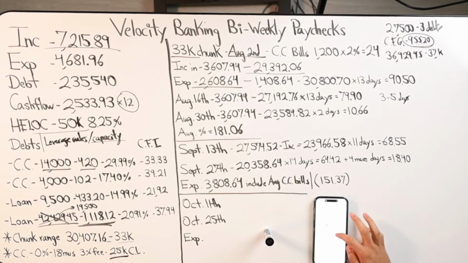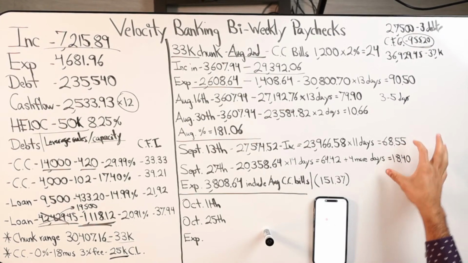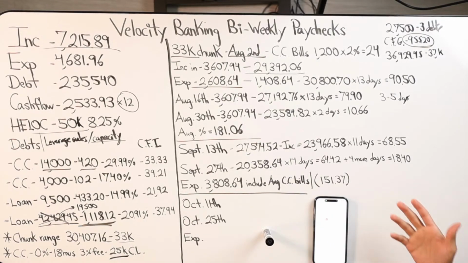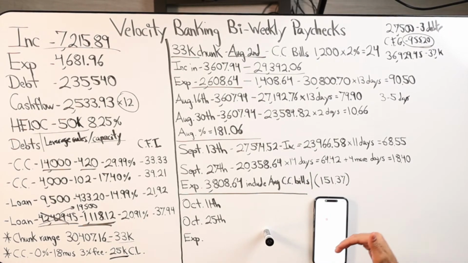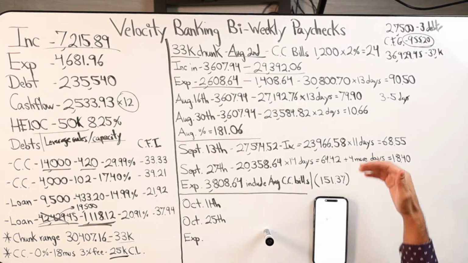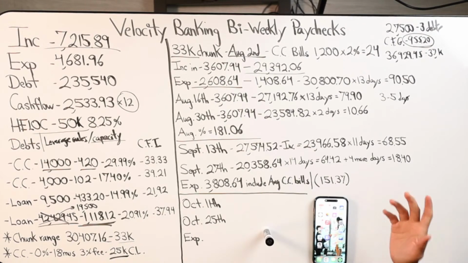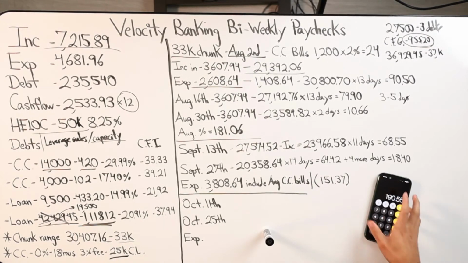If I'm not mistaken, 30 days in September. Yep. So 4 days, 1840. Add those 3 numbers. We should be at 151.37, right? On the home equity line of credit. With me so far?